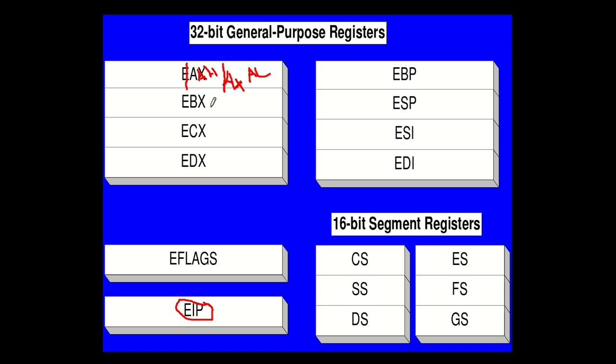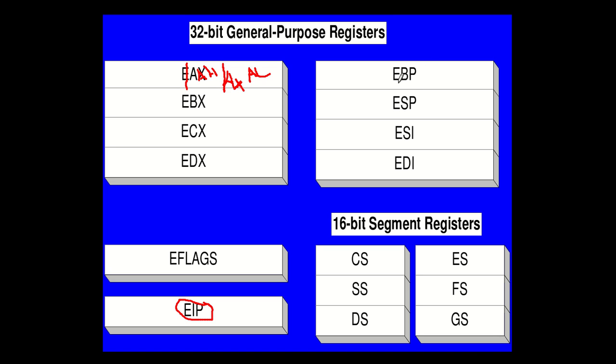It's a regular register that can be used for data. And we have ECX, the counter register. And we have EDX, a data register. It can also be the input output pointer.